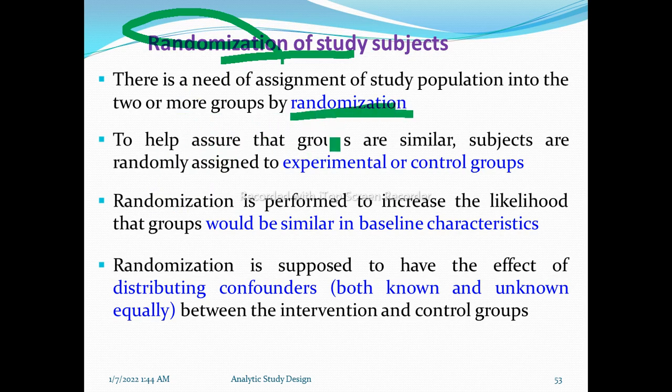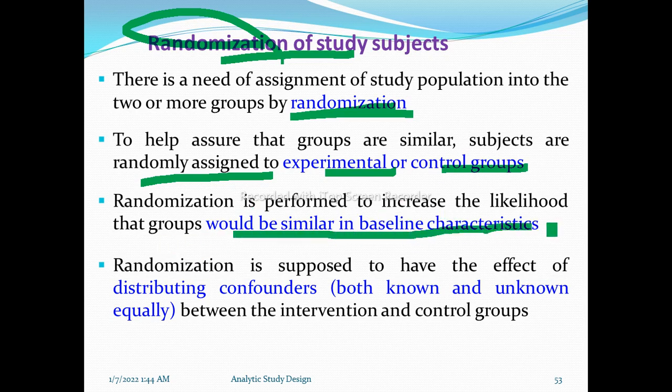Dividing into intervention and control groups by randomization is very important. To help ensure that groups are similar, subjects are randomly assigned to experimental and control groups. Randomization is performed to increase the likelihood that groups will be similar in baseline characteristics.